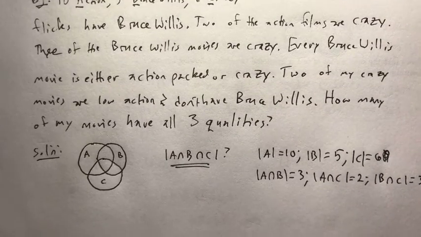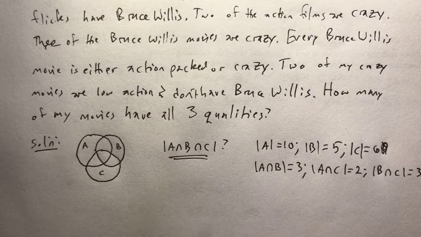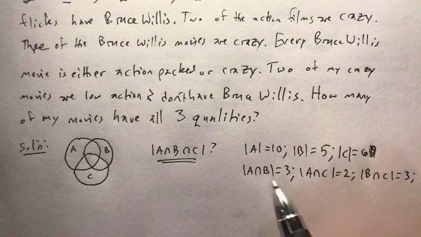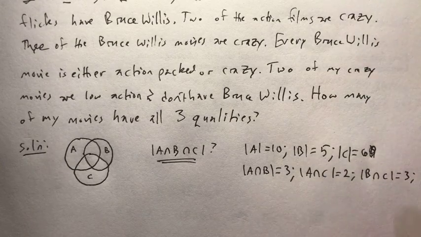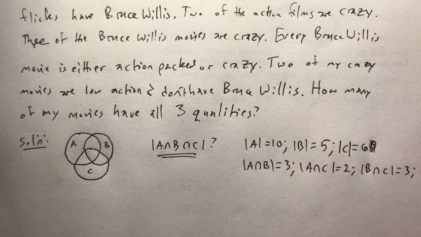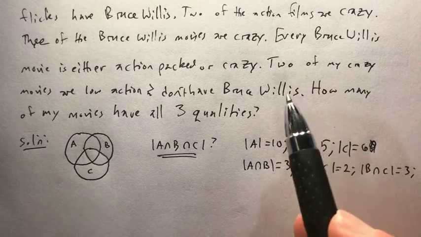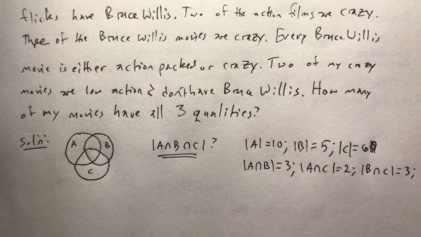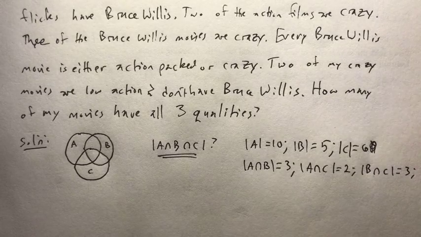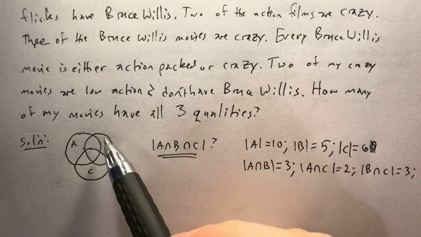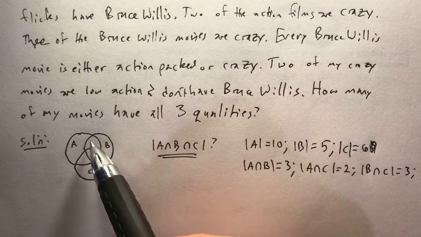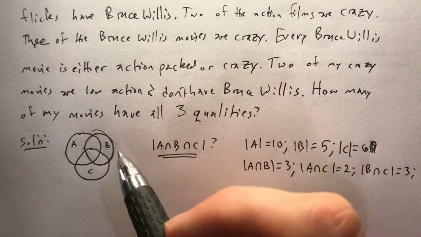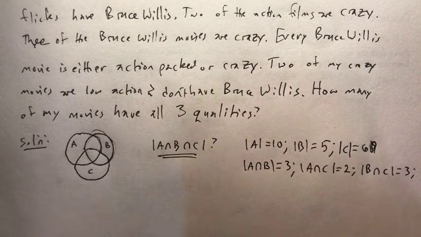All right, we've got a little bit more information. So as I get more information written here, I might pull the story out of frame. Okay, so we have that every Bruce Willis movie is either action-packed or crazy. So this one, and the next fact, are a little bit more complicated. Every Bruce Willis movie, so we're looking in B here, is either in the action circle or in the crazy circle, which is saying that if we're considering things in this circle, all of them also happen to be in one of these 2 regions.